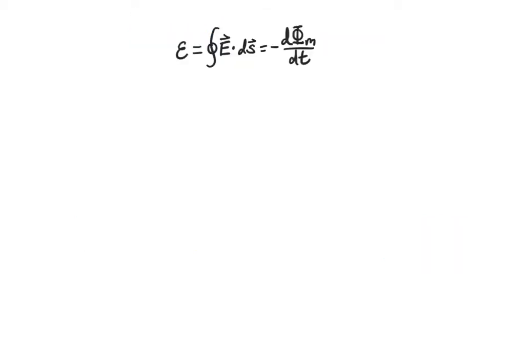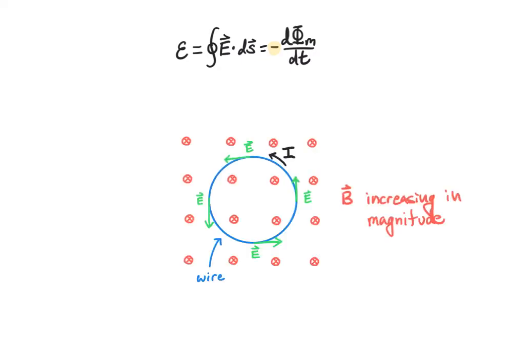We also need to talk about this negative sign in Faraday's law, what it means and how to interpret it. Consider the same example as before, where we had an increasing flux through our loop, where the magnetic field was pointing into the screen, away from you. How did I know to draw the electric field pointing in the counterclockwise direction?